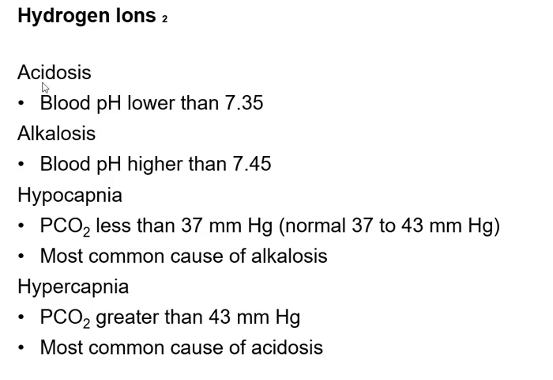Here are 4 terms that you should know. You've probably heard about acidosis, and you say, oh my goodness, this person is diabetic and they're having an event. They're talking about the acid in the blood. So if your blood pH drops below 7.35, we say that you are having an acidosis crisis.